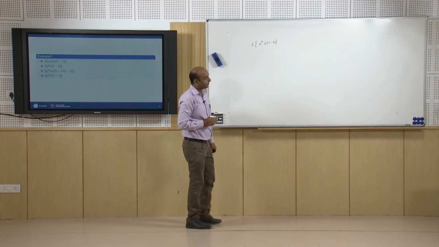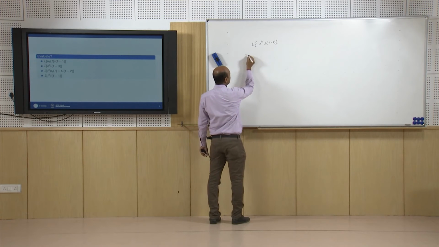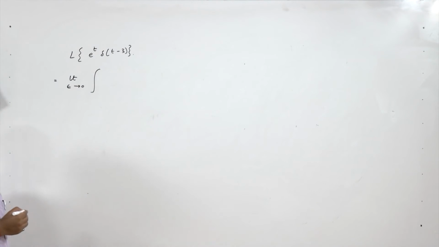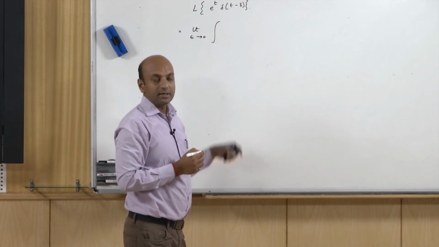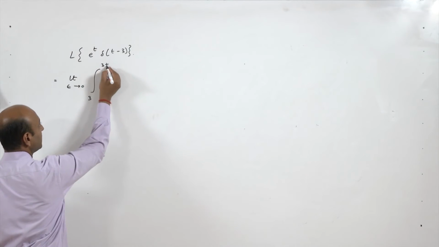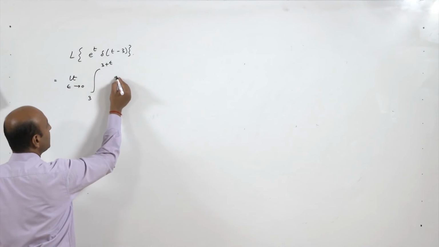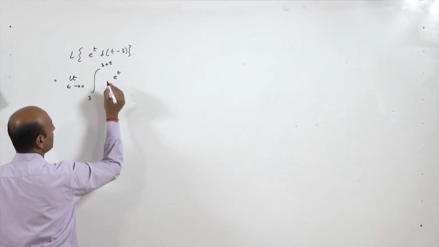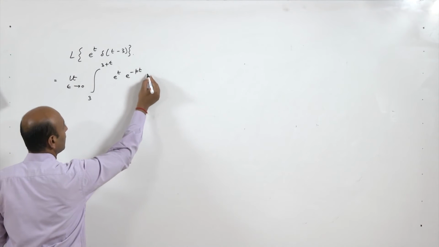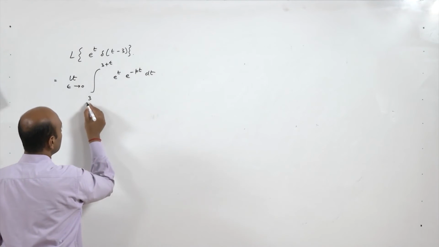I can write directly, limit epsilon tends to 0, with 3 instead of a here. So, it is the integral from 3 to 3 plus epsilon, where f of t is e power t, and e power minus pt is here also, upon epsilon.